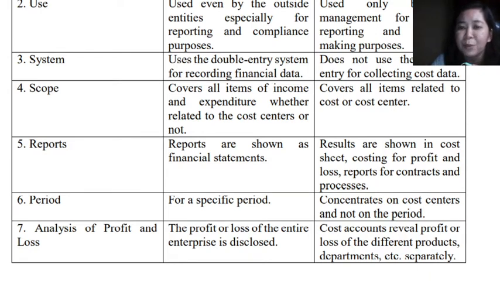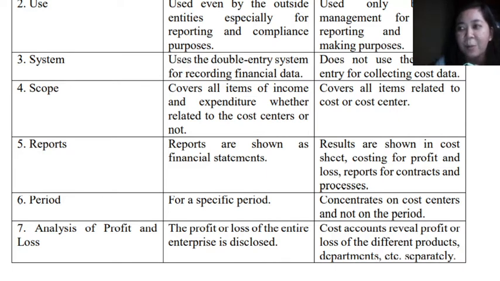Whereas under cost accounting, cost accounts will reveal profit or loss of the different products and departments separately. Meaning, under cost accounting, we can prepare an income statement for a certain line of product or department individually.